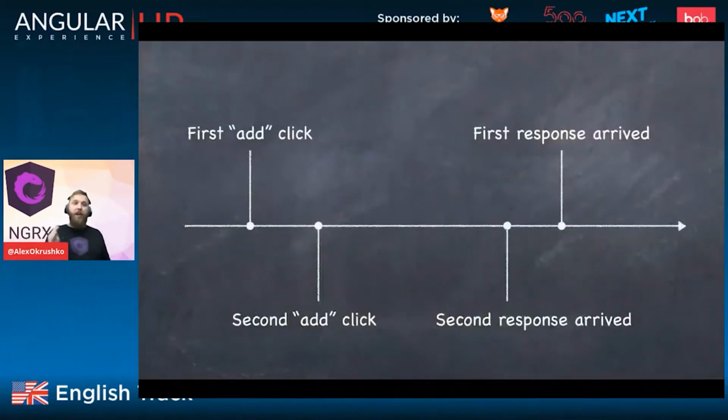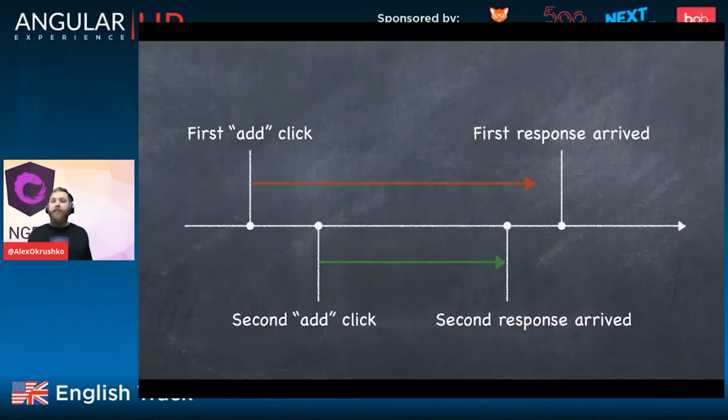So for example, the first time we click that button, it sends its add product, it starts a request. And then the second one can click. But the thing is, with network requests, we don't have any guarantees what would be the return order, right? It could happen that the second request arrives before the first one. And this is what we call the race conditions.